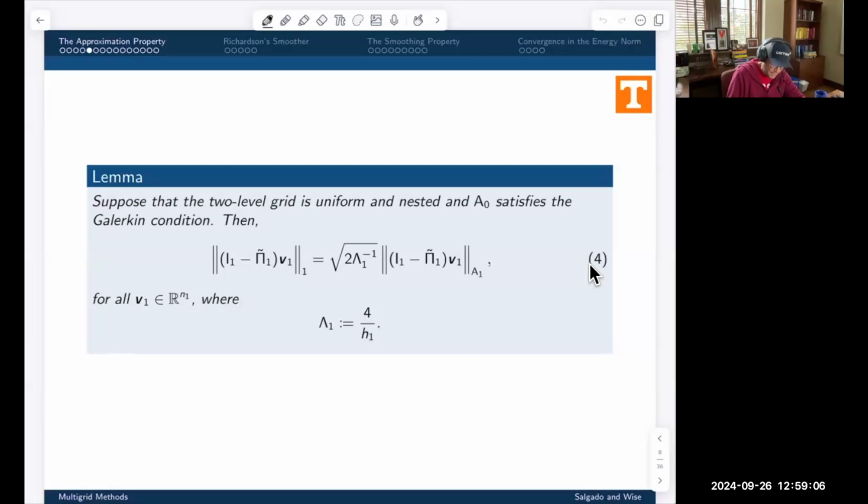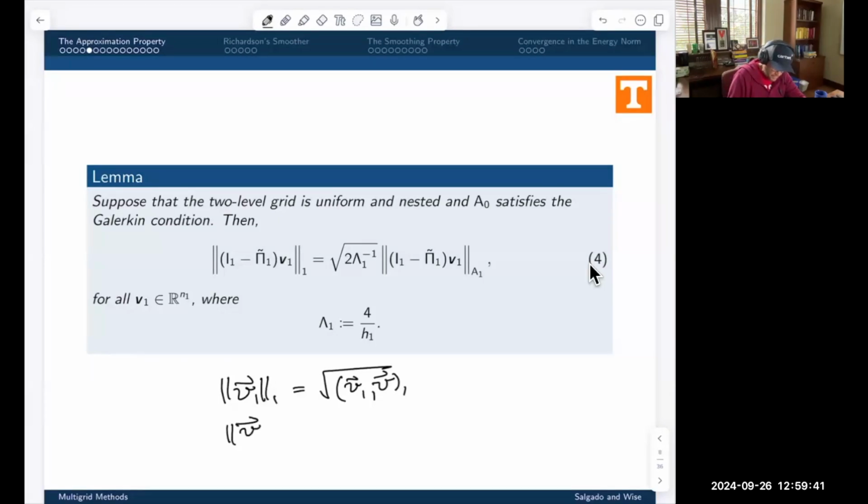And of course, as you recall, if I want to take the Euclidean norm of a vector, that's just the square root of the Euclidean inner product of that vector with itself. And if I want the energy norm, remember we decided we're not going to use a 2, we're going to use a 1 to indicate that that's the Euclidean norm on the fine level.